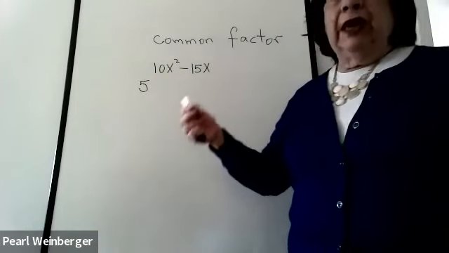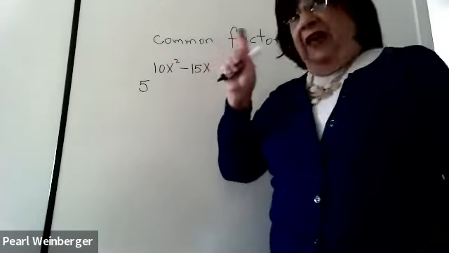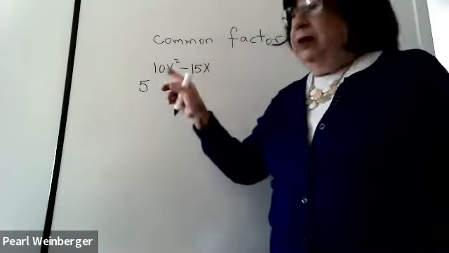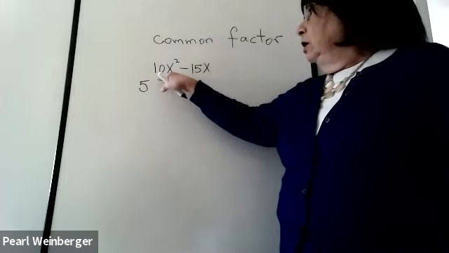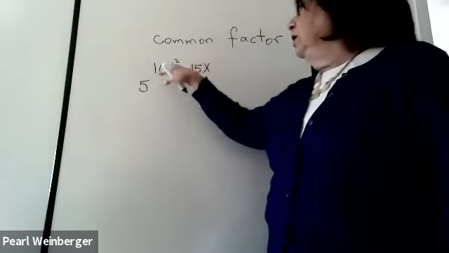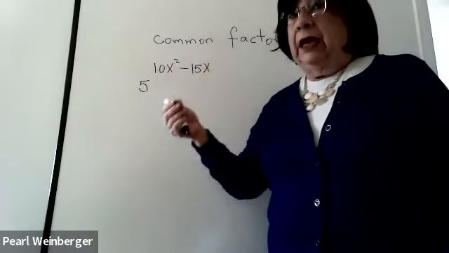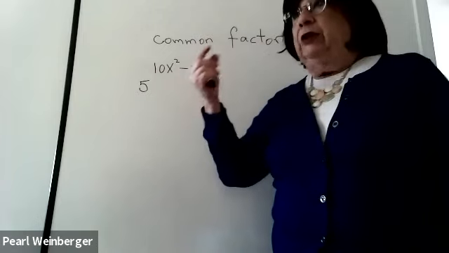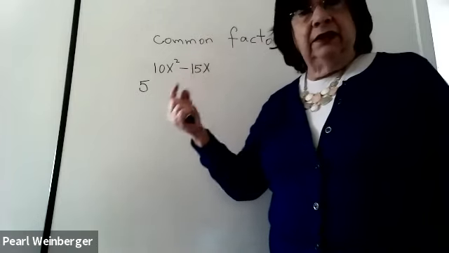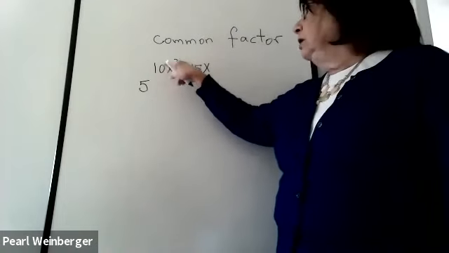Then we look at the variables, at the letters. Now, that really is the easier part, because when you're looking at the variables, you make sure that all the terms have the same variable. Well, they both have x's in them, so x is going to be a common factor. And you decide what is the exponent by picking the one with a lower exponent.